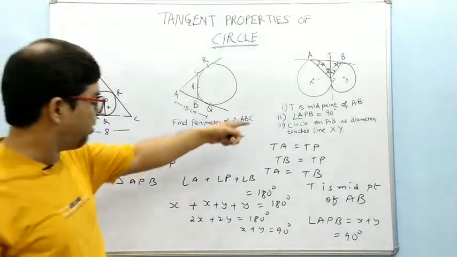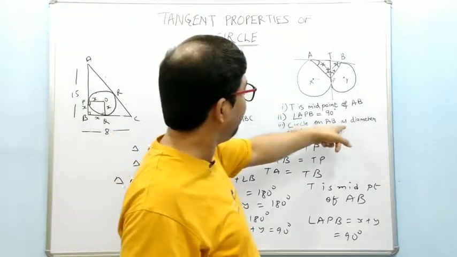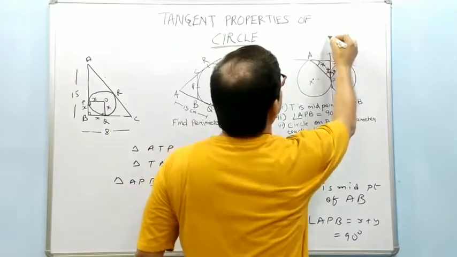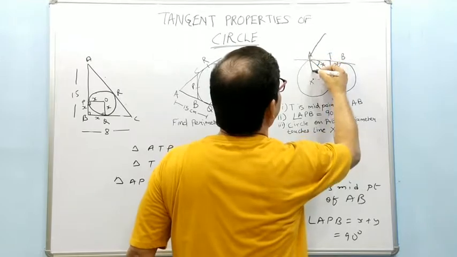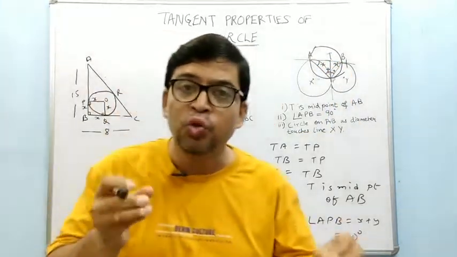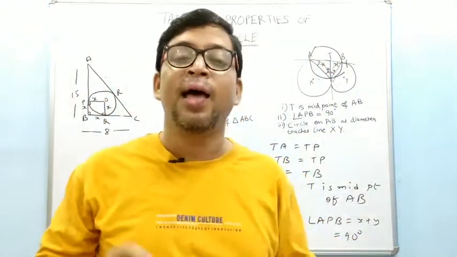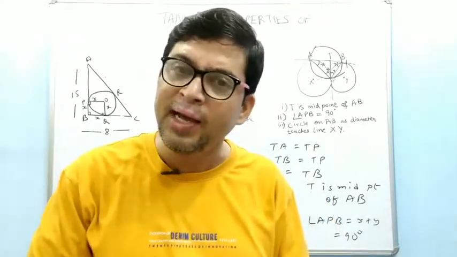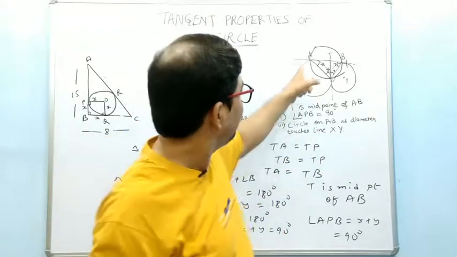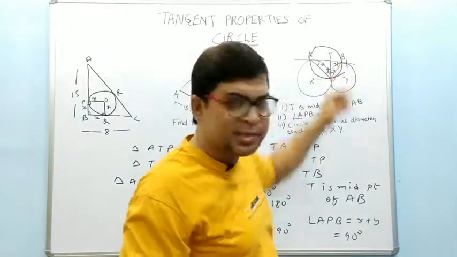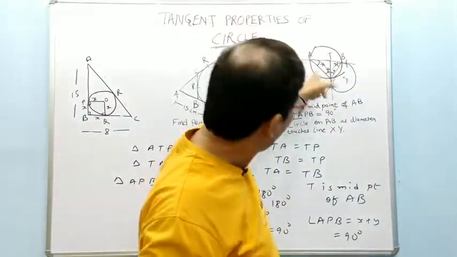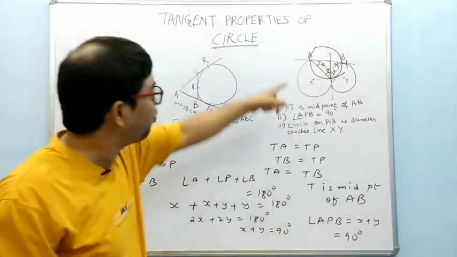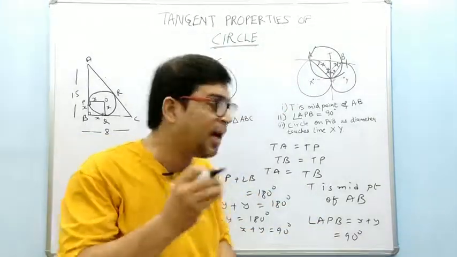Now, go for the third part. The circle on AB as diameter touches the line XY. This angle is 90 degrees, and we know the property that the angle in a semicircle is 90 degrees. That means if AB is the diameter, then only APB will be the angle in a semicircle. We have just proved angle APB to be 90 degrees.